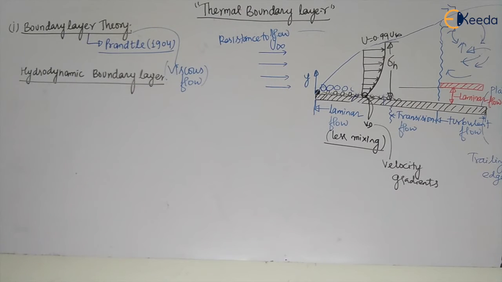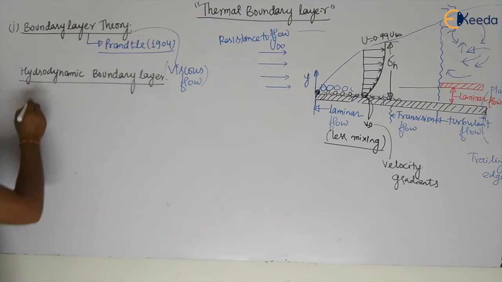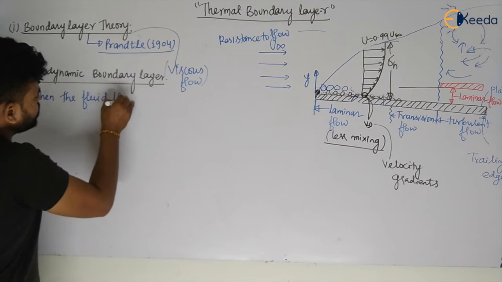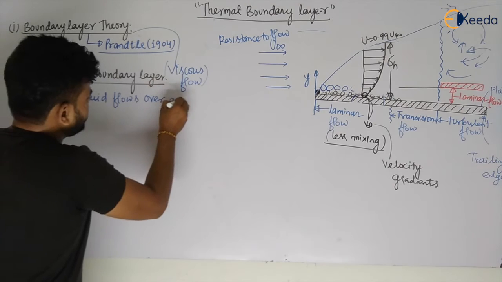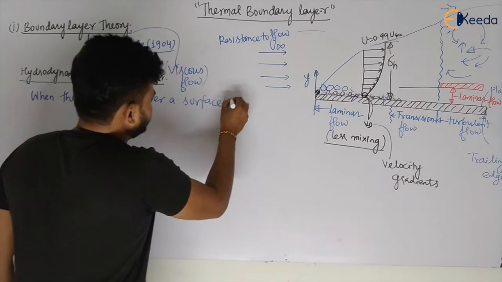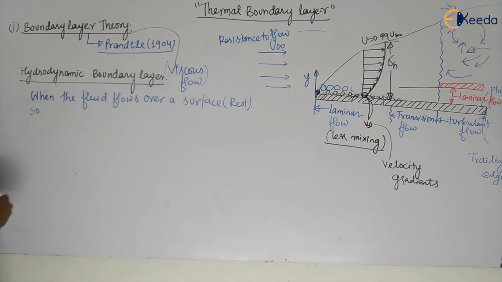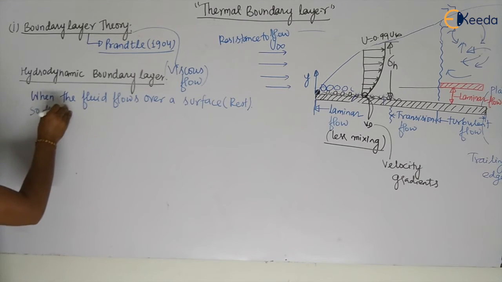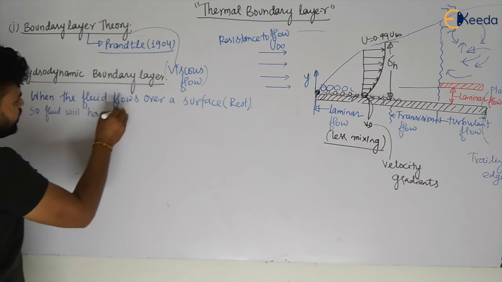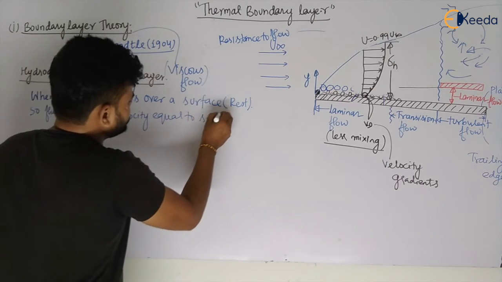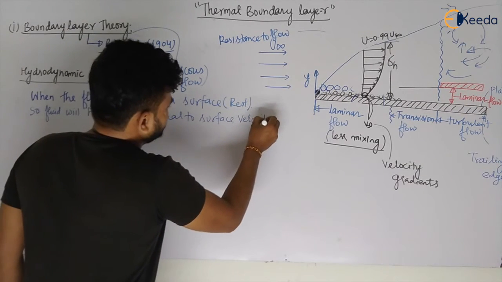So let us see this, my dear students. When the fluid flows over a plate, a surface that is at rest, the fluid will have the velocity of that particular surface, that is, the plate velocity.